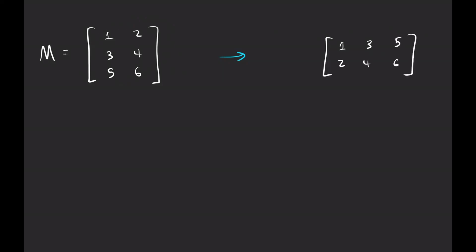What I have done is I have taken this top row and I have made it the left column. I've taken the middle row and made it the middle column, and I have taken the bottom row and made it the right column. Honestly, you can kind of turn your head 90 degrees, and that kind of does the job. This has a name.